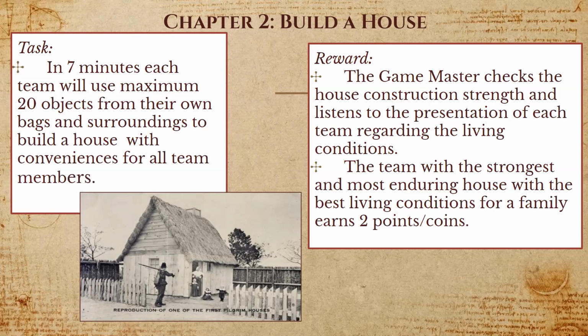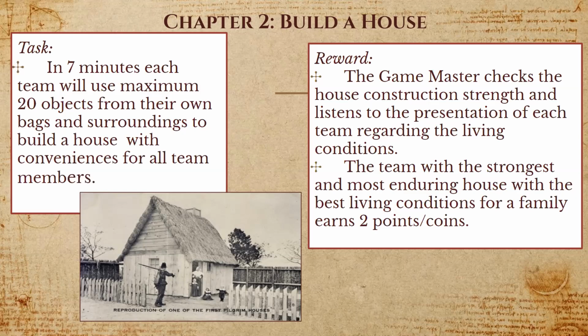The reward is, they present after that, and the game master checks the house construction strength and listens to the presentation of each team regarding the living conditions, because winter is coming, and if there is no kitchen, you have to ask them. If there is no heating, you also have to ask them to explain.